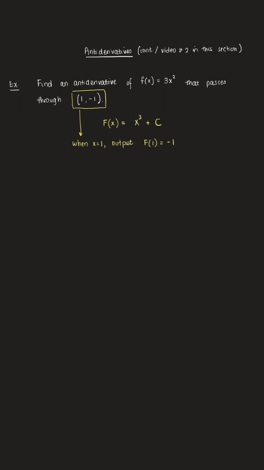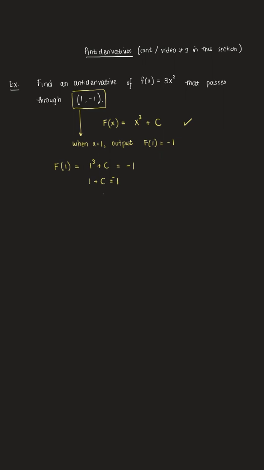So we can use that in our candidate for an antiderivative, because when we put in 1 for x, that gives us 1 cubed plus c. But this output should equal -1. So we know 1 cubed is 1, so 1 plus c is -1.